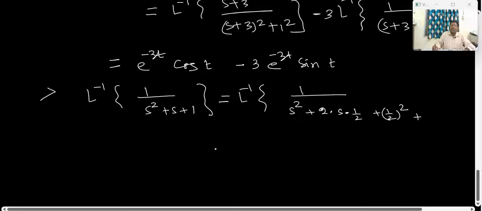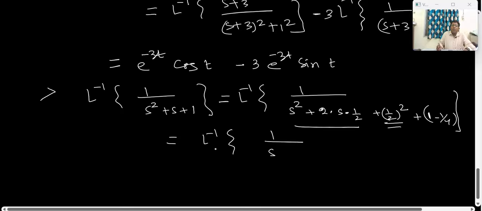Then you adjust it, 1 minus 1 by 4, this is being extra. So this will be L inverse of 1 by (s plus half) whole square plus 3 by 4.